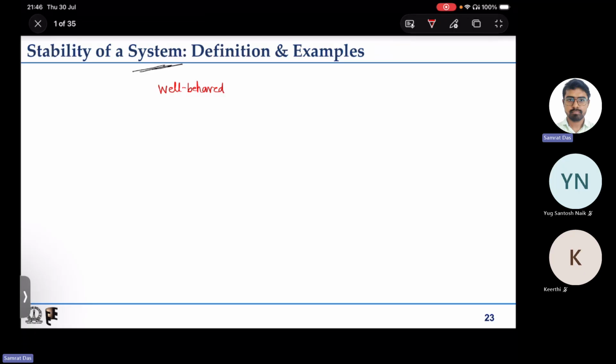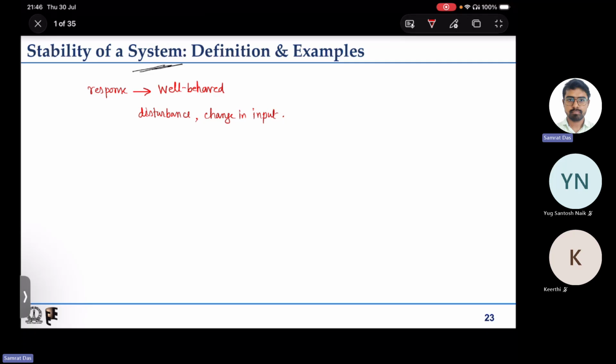A system can be said to be stable if its response is well behaved when it is subjected to some disturbance or some change in input. What is the meaning of that?